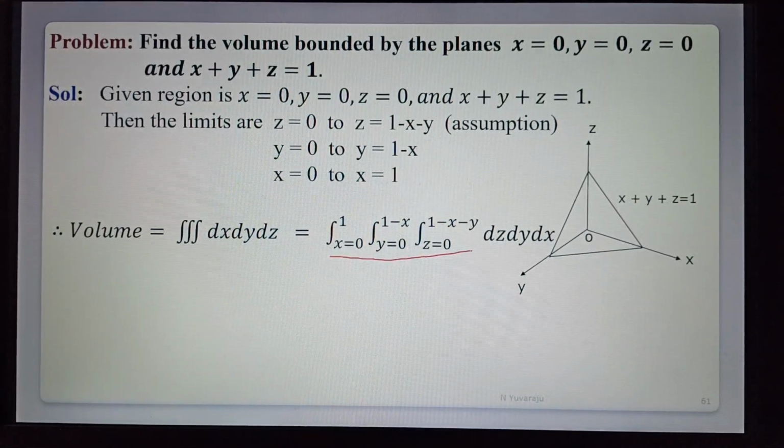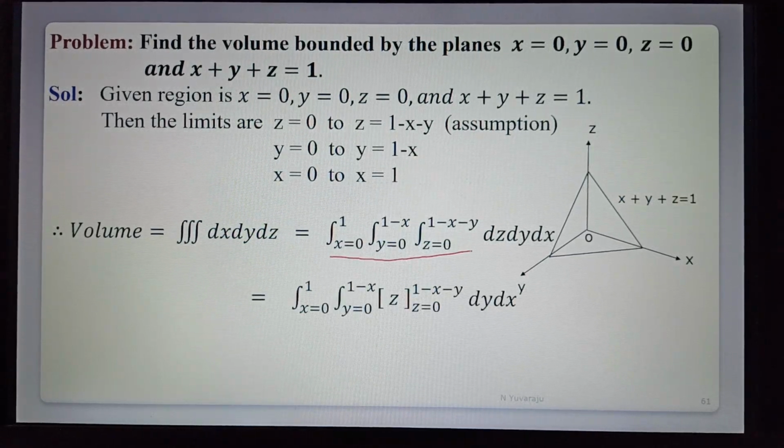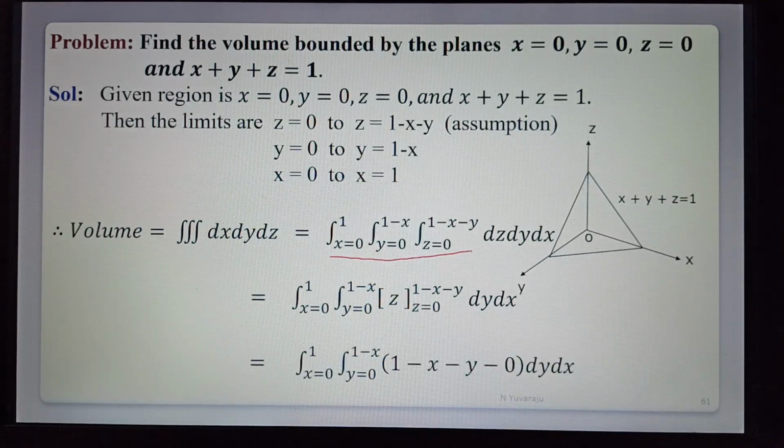First integrating with respect to z: integration of 1 dz, z limit 0 to 1 minus x minus y, dy dx, substituting the upper and lower limits of z, 1 minus x minus y minus 0, into dy dx. Now simplify, then integrate with respect to y.